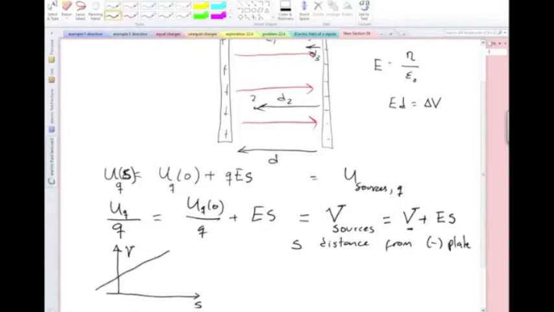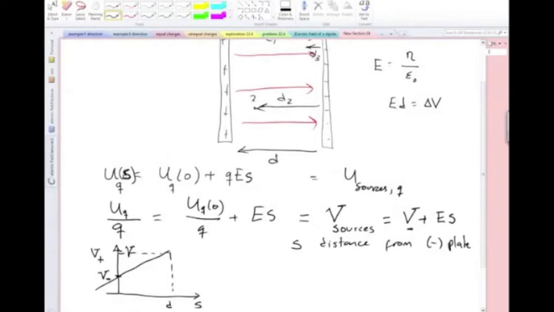And at this point, for S equals 0, that's the value of the electric potential that we have on the negative plate. And when S is equal to D, then you have a value here, which is the potential on the positive plate.